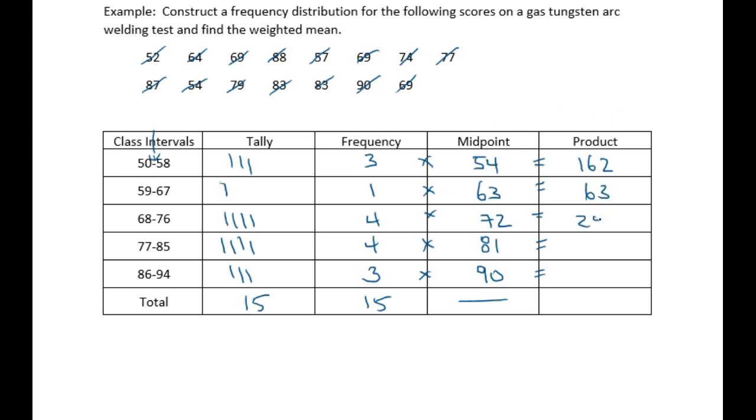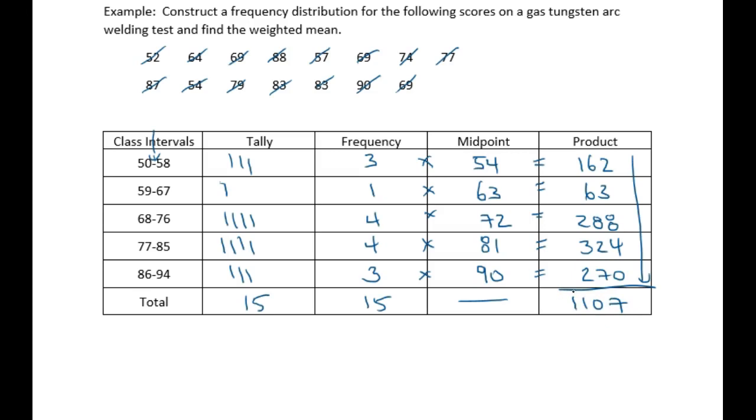And then you get 288, 324, and 270. So that's basically my weighted component. I'm taking how many frequency values and multiplying them by the midpoint of my classes. If I sum up these values to get the sum of my products, I get 1,107.